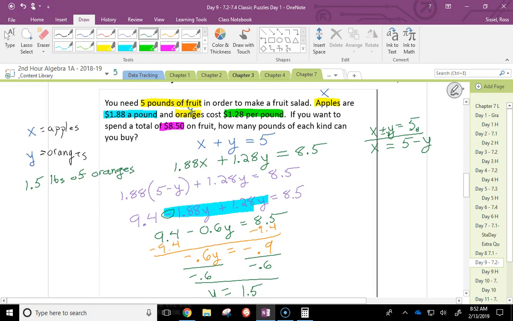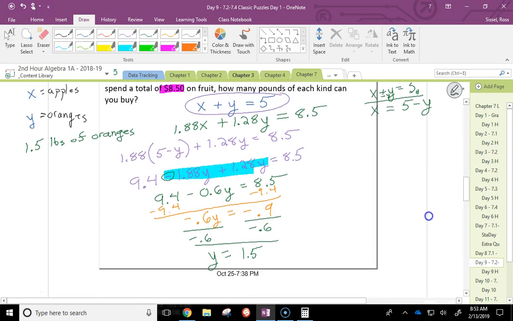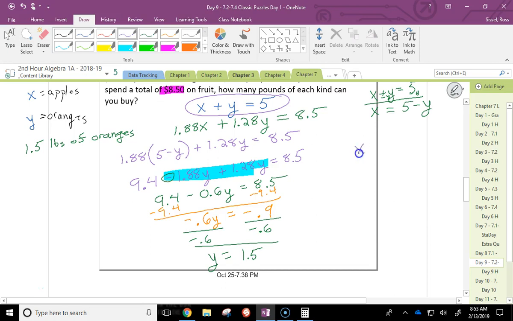And then to get to x, we just simply go back into our original equation. I'd say x plus 1.5 equals 5. We subtract 1.5, x equals 3.5. Once you get that first answer, the second answer always comes really quick.